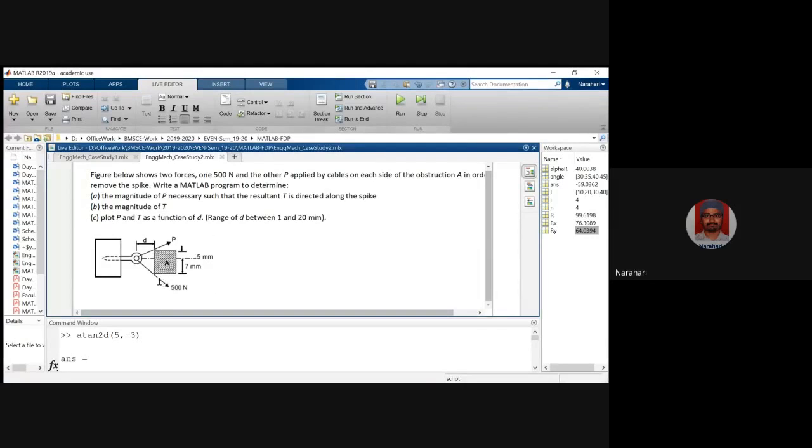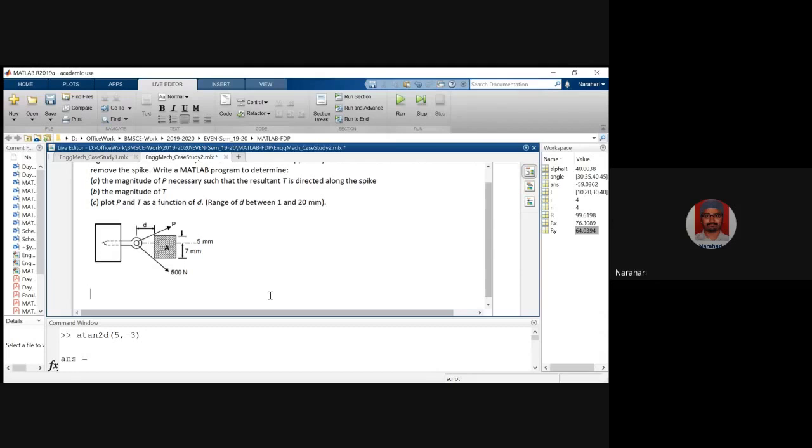On the bottom side, the force given is 500 Newton. On the top side, we have to find the force P, and D is the distance between the spike and the obstruction. D will range between 1 and 20, right? So is this okay?